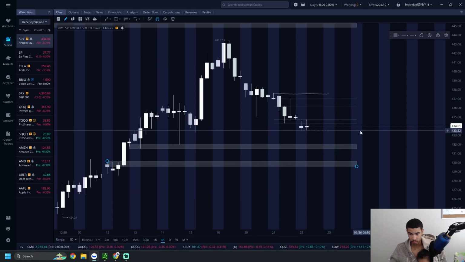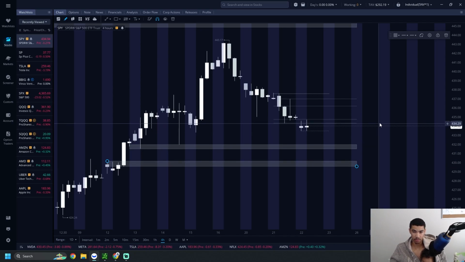And let's see. The pre-market low is right now at about 433.49, about 433.50. Top of the zone here is 432. So that's a $1.50 movement. And the top of this zone here is about 430, so it'll be that $3.50 move.